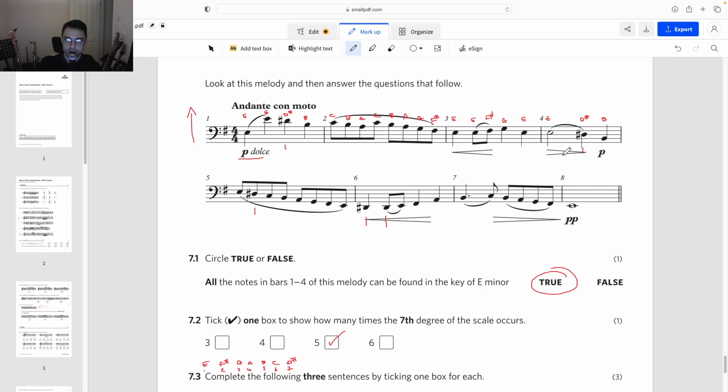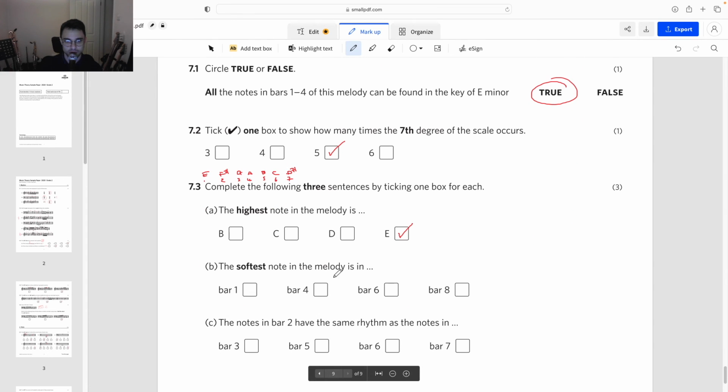A crescendo, decrescendo, piano, right? Crescendo, decrescendo, double P. That's quite soft. What note is that? That's an E. And which bar is it in? It's in bar 8. So the softest note is this E in bar 8. Let's see if that's an option. The softest note is in bar 8.